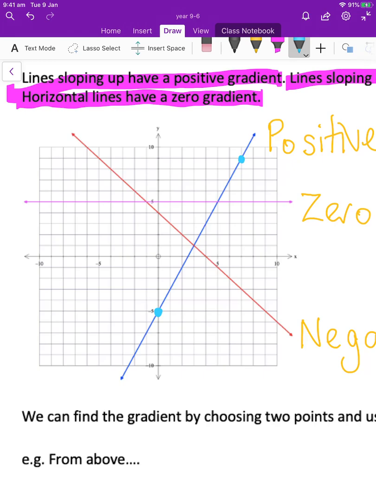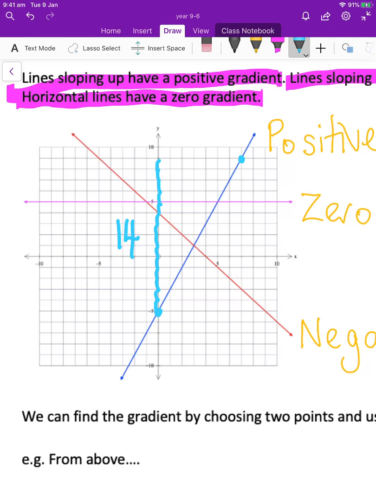So I need to first of all work out how much it rises, and I'm going to start at the dot at the bottom, and it rises 1, 2, 3, 4, 5, 6, 7, 8, 9, 10, 11, 12, 13, 14 units up. So it rises 14 units up.